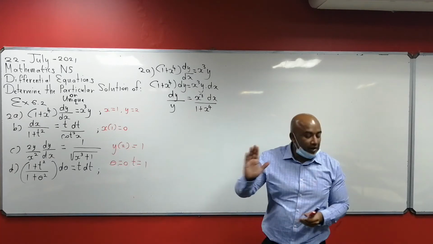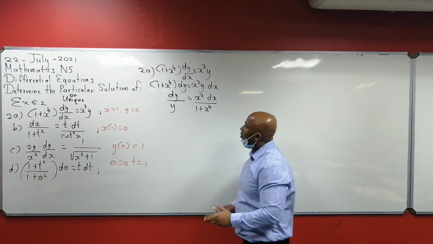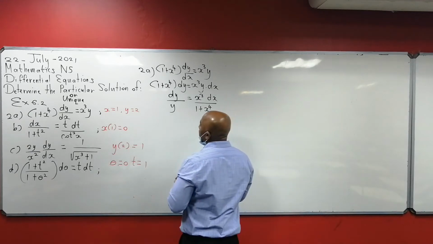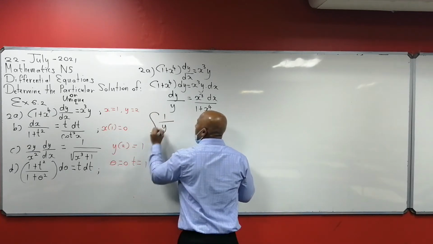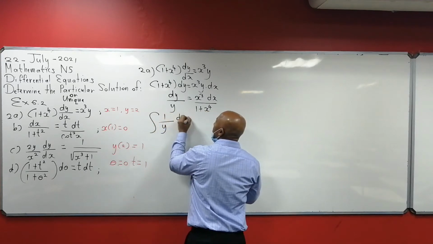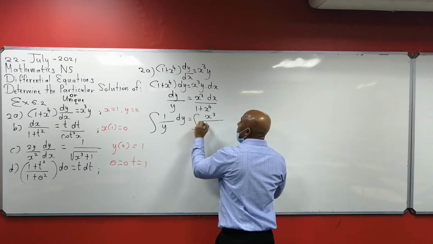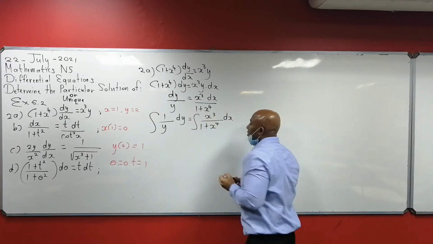Now, once we have separated the variables, so it's clearly separated, now we need to integrate both sides. Right, so on the left hand side, I have 1 over y, integrating with respect to y. On the right hand side, I got x to the power 3, all divided by 1 plus x to the power 4.